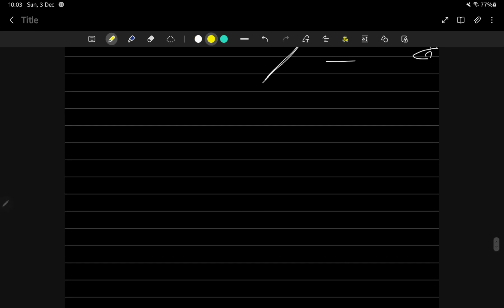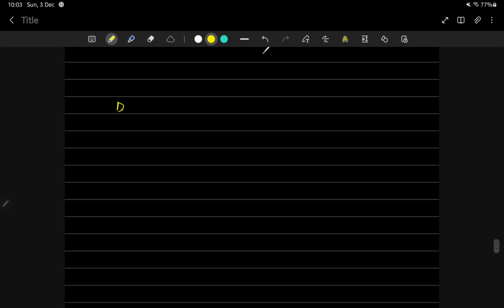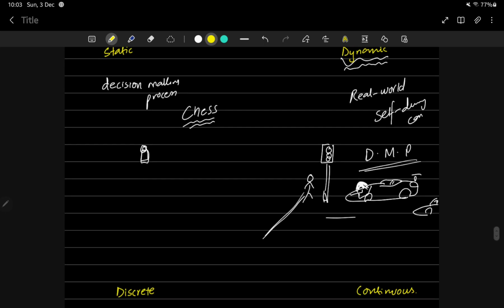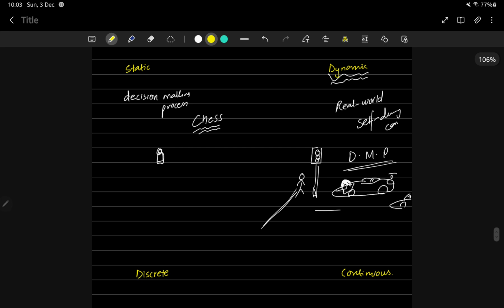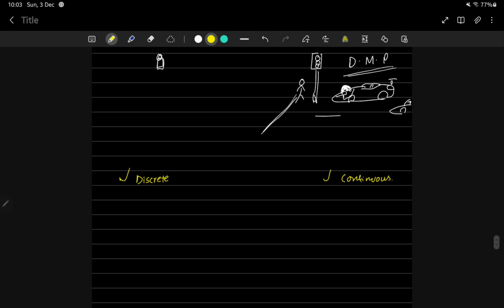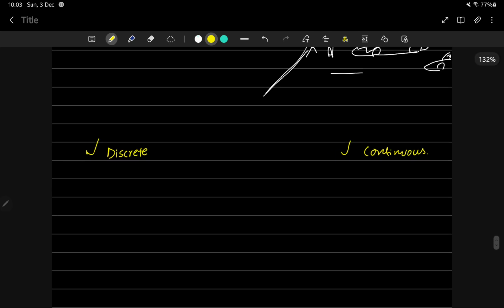Let's move to the next point, which is discrete or continuous. Now, this is not the same as the last one. I have seen a lot of people get confused between these four things, but it's a bit different, and I'll try to explain.